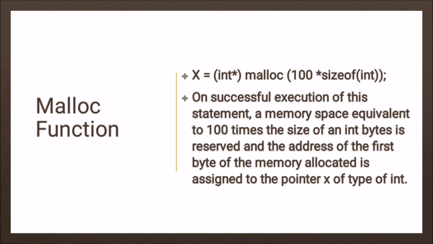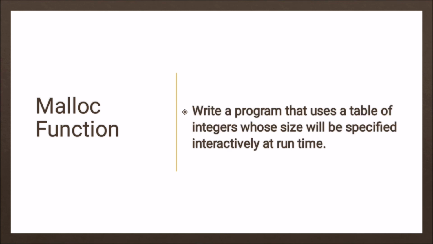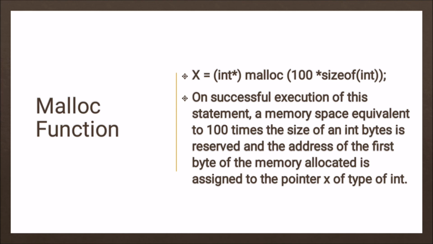So after execution of this statement, memory space equivalent to 100 times the size of integer bytes is reserved and the address of the first byte of the allocated memory is assigned to the pointer x, which is of type integer. This is how the malloc function is used to allocate memory space.